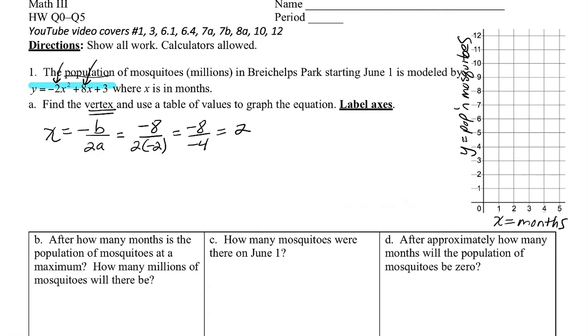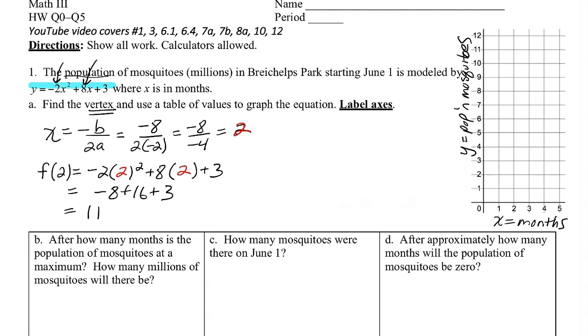To find our y-coordinate of our vertex, we would be plugging 2 into our function. f of 2 would be negative 2 times the x-coordinate times the x-coordinate. So this 2 here, we're going to plug in here, and that would give us negative 8 plus 16 plus 3, which looks like it's 11. So our vertex is at (2, 11), and we can graph that here.